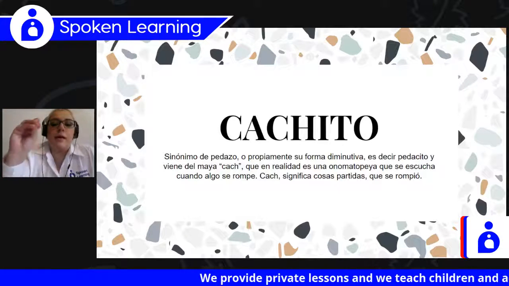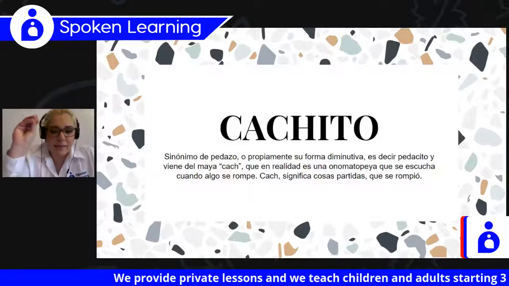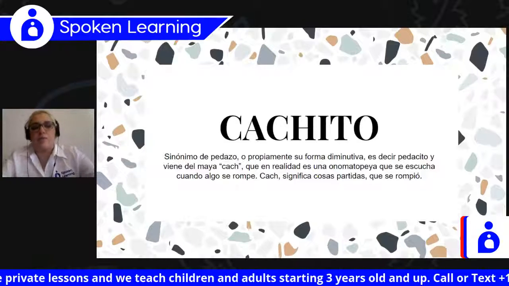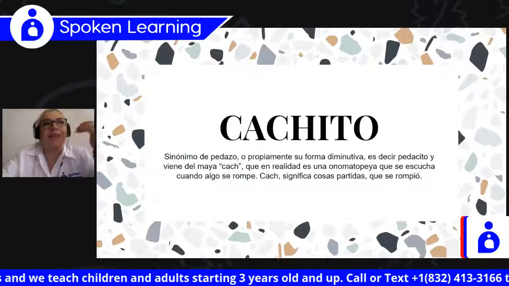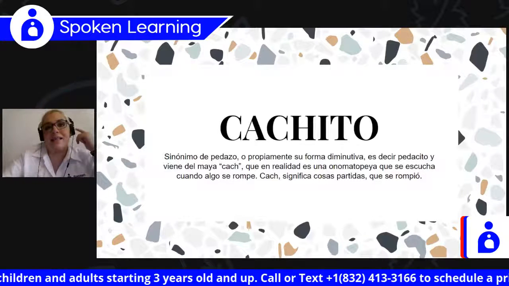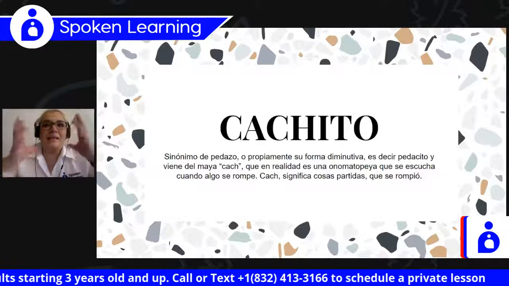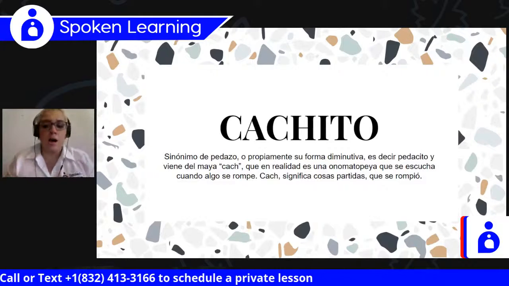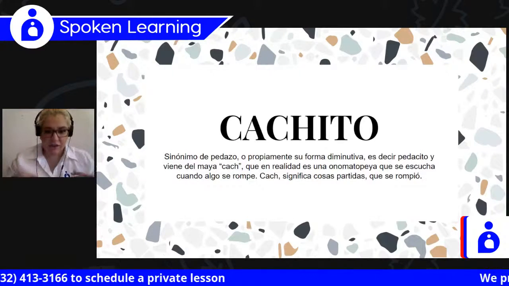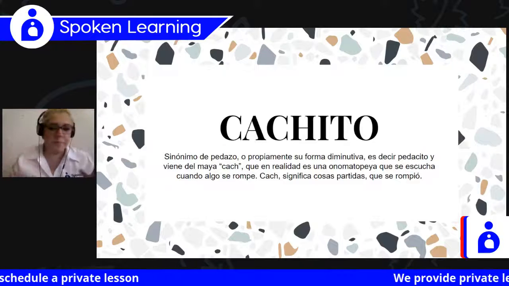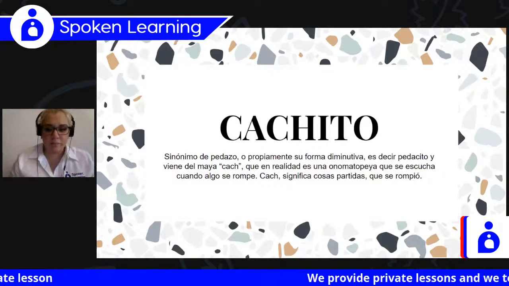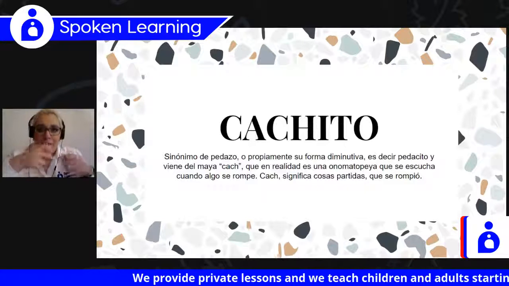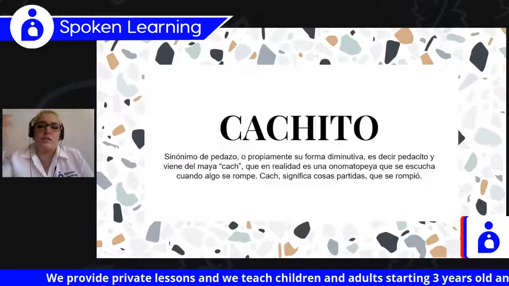So this will mean little piece, and it came from the language of Maya, and what it really means is only the sound when something is broken. When something is broken, the sound that it makes is like catch or crash. That's the sound, and it means things that are broken in little pieces.